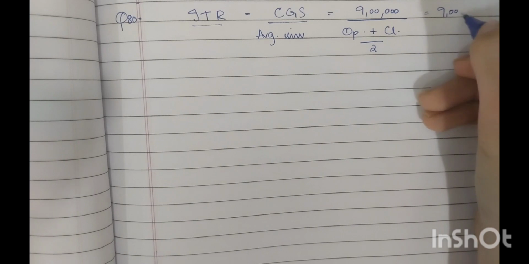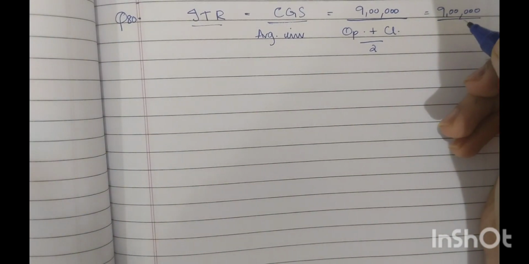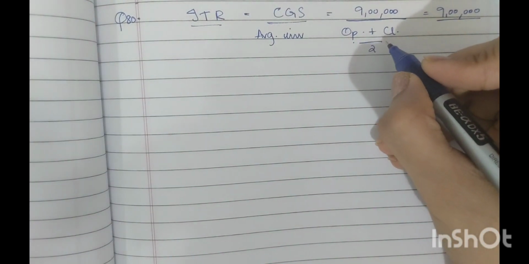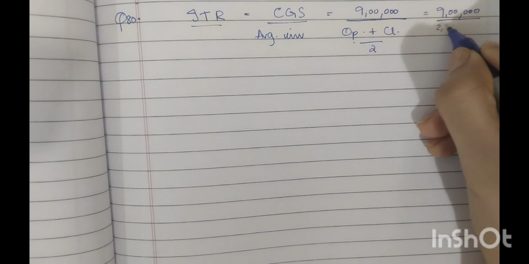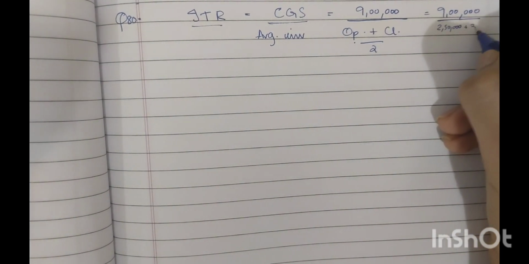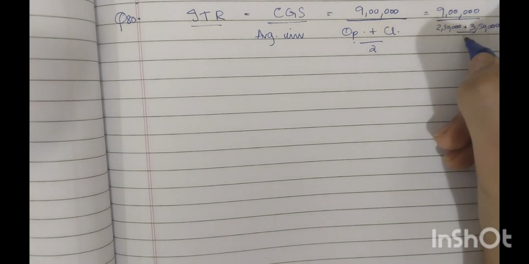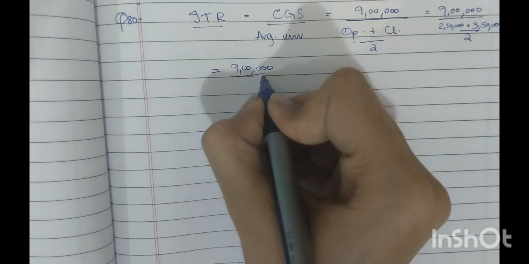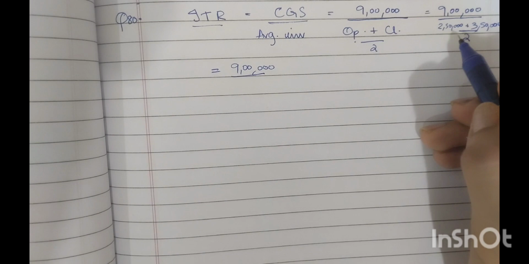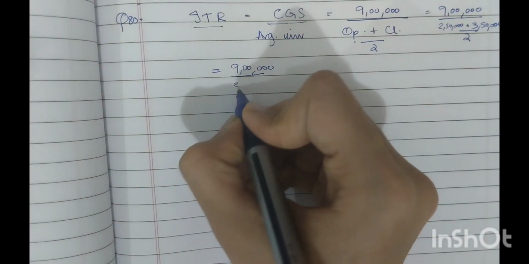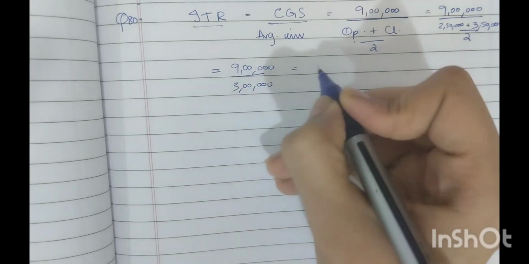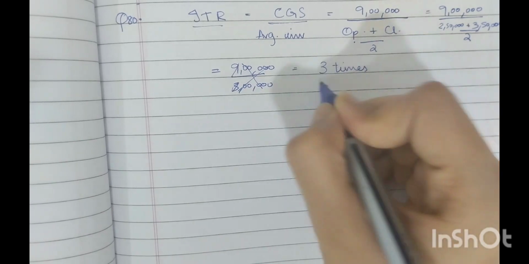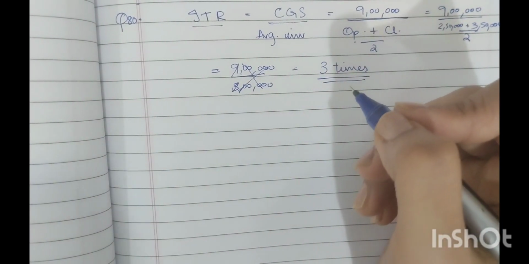So equal to 9 lakh by (2,50,000 plus 3,50,000) by 2, which is equal to 9 lakh by, this together gives us 6 lakh, 6 lakh by 2, 3 lakh, which is equal to 3 times. Right, so the inventory turnover ratio is 3 times.